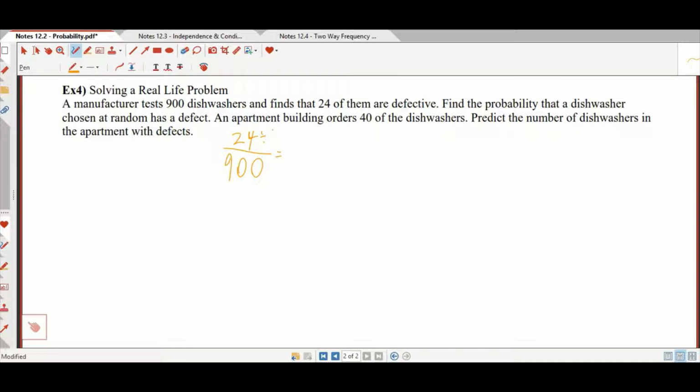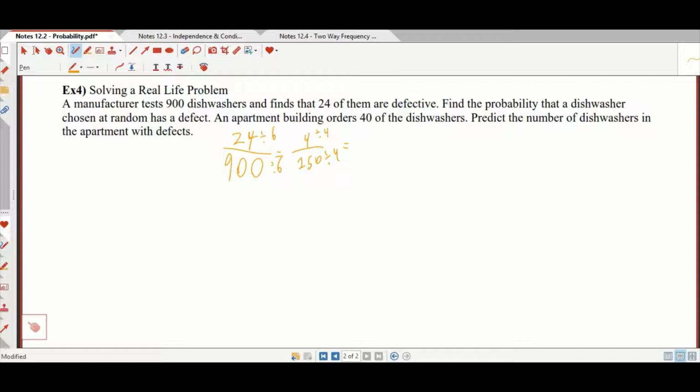And I believe those are both divisible by, I want to say 6 at least, maybe even more. So 24 divided by 6 is 4. 900 divided by 6 is 150. That is divisible, and if I'm not mistaken, I can divide those by 4.